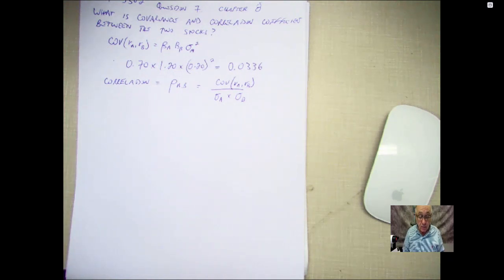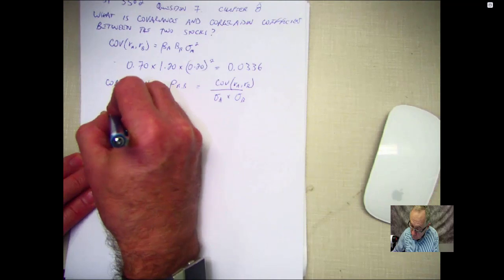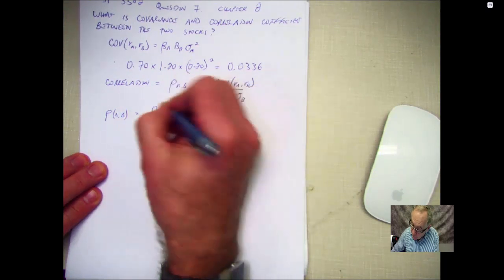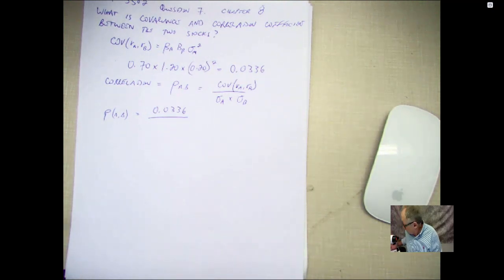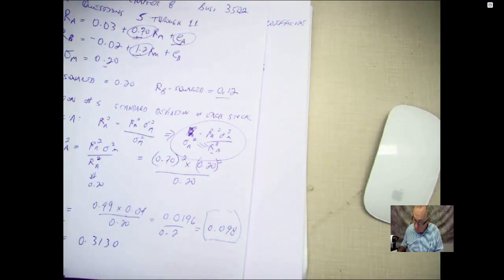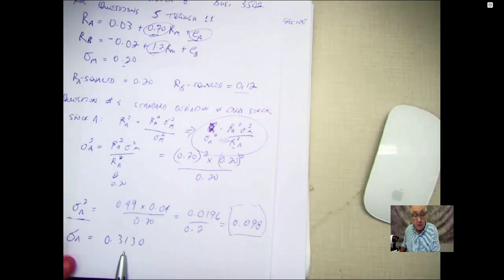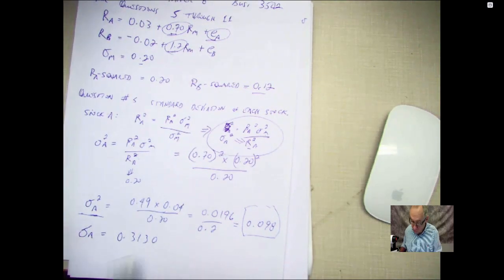So substituting here, rho A and B is now covariance 0.0336 divided by, going back quite a bit, our standard deviation of stock A from question 5, which was 0.3130.